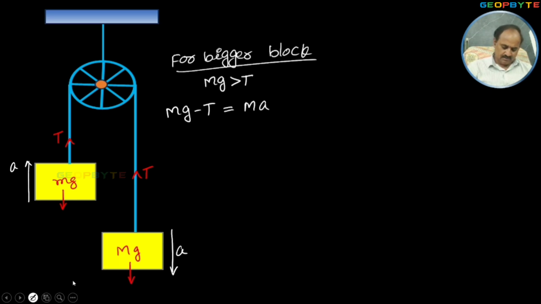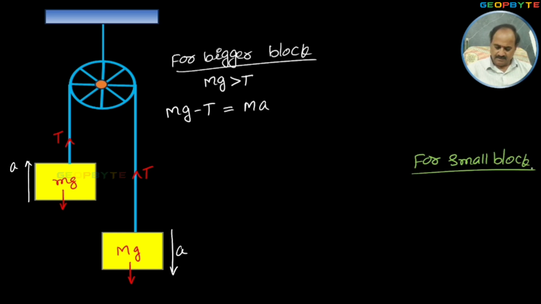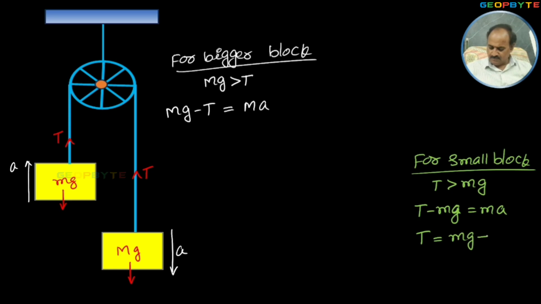Similarly, you can write for the smaller block or lighter block. For the lighter block, T is more than small mg. Therefore, T minus small mg must be equal to mass times the acceleration. From this, tension T equal to mg plus ma, m into g plus a.